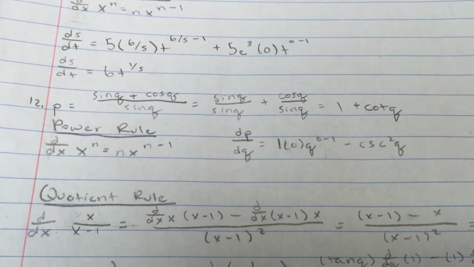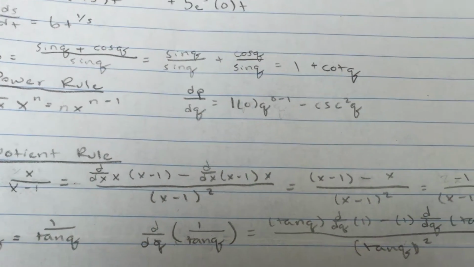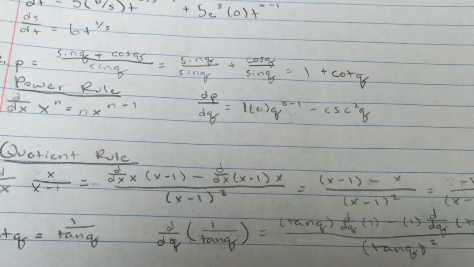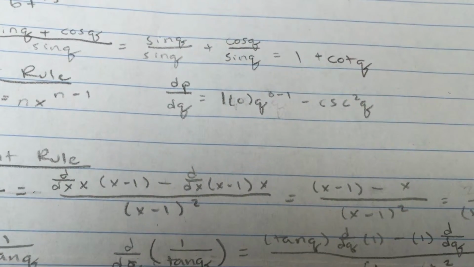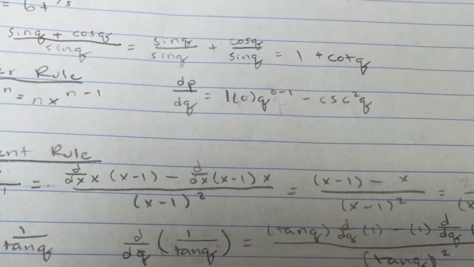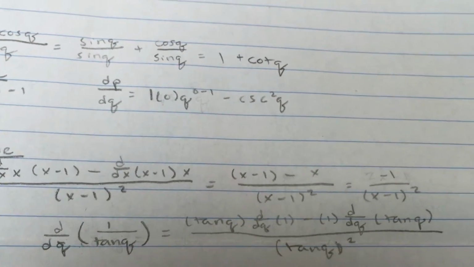d/dx of x over x minus 1 is equal to the denominator squared below, and the numerator is the derivative of the numerator times the denominator minus the derivative of the denominator times the numerator.